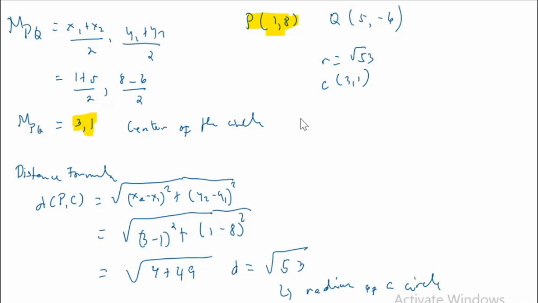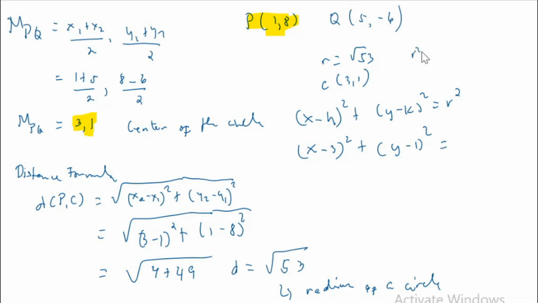Using the formula, the square of x minus h plus the square of y minus k is equal to r squared. So we have x minus 3, squared, plus y minus 1, squared, is equal to r squared, which squared is 53. So I can write here 53.